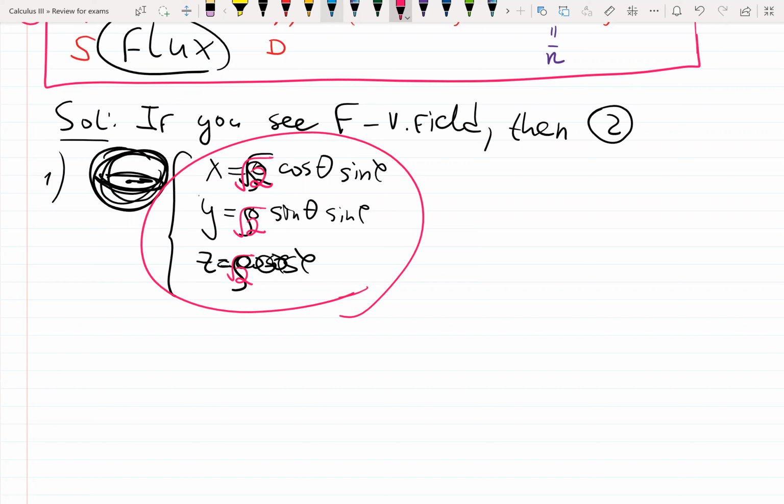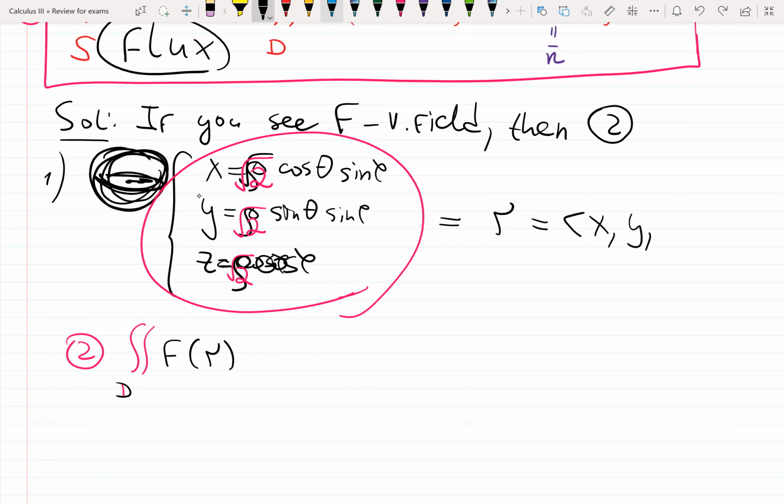Now we will have formula number 2, double integral over D of F. Let's plug in our r. What is our r? That is our r. R is a combination of x, y, and z: x, comma, y, comma, z. So we will be plugging this r into F everywhere we see x, y, and z.